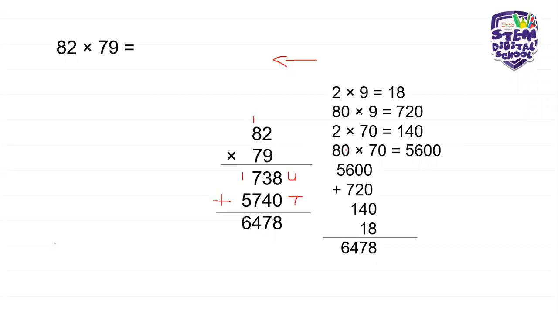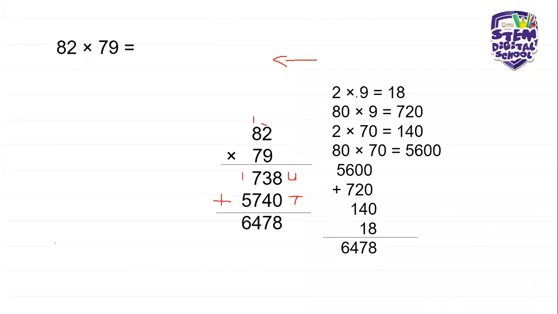It just breaks it up. In one part you are multiplying the whole number 82 by 9, and in the other part you're multiplying 82 by 7, breaking it up into 80 and 2 by 70 actually.